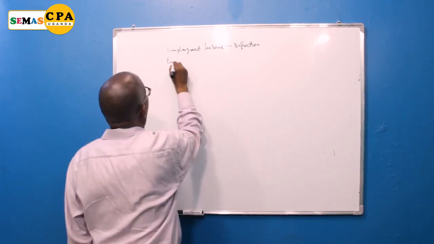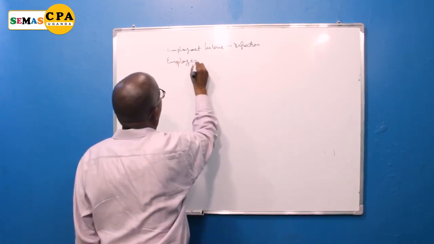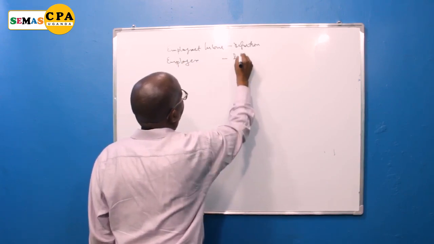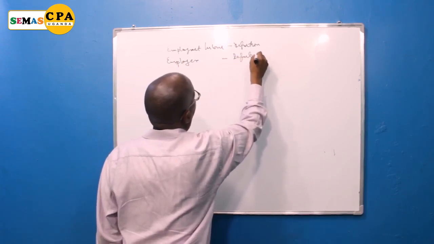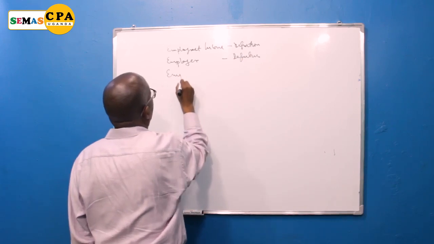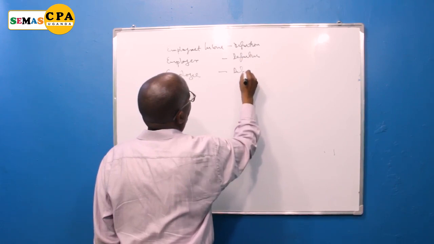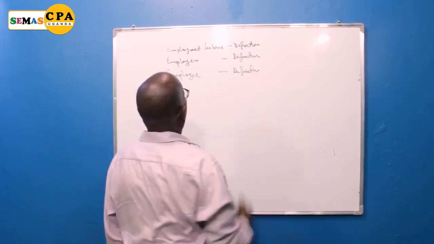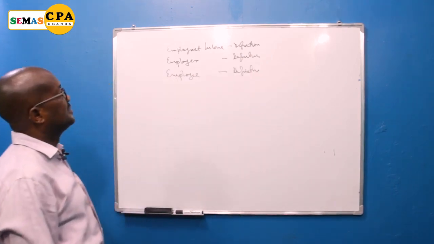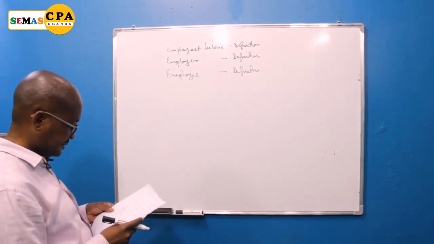Who is an employer? The definition should be there in your head. Who is an employee? The definition is very important. At times, this is what he brings under the theory part.